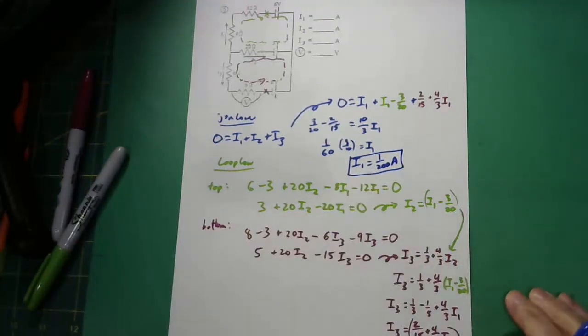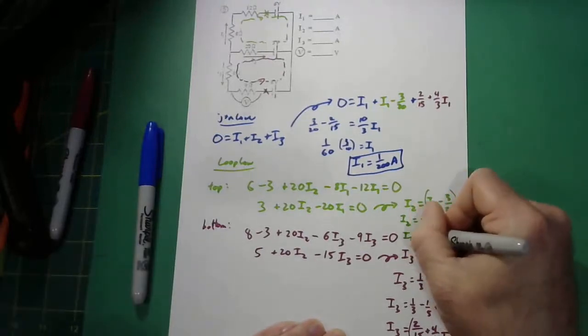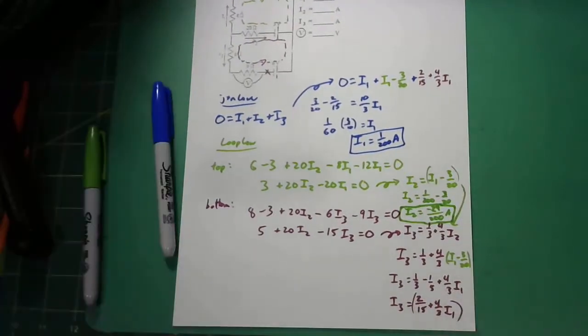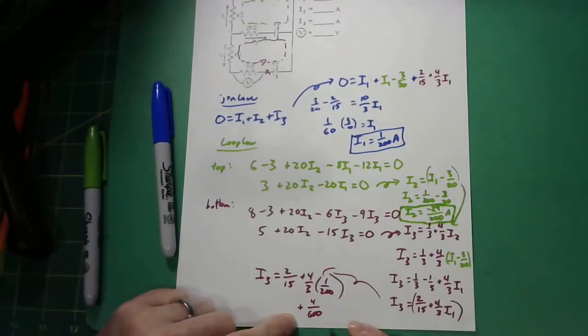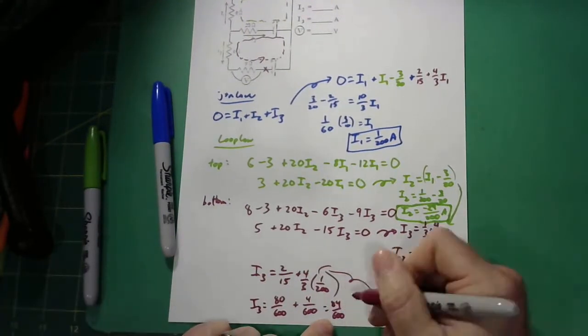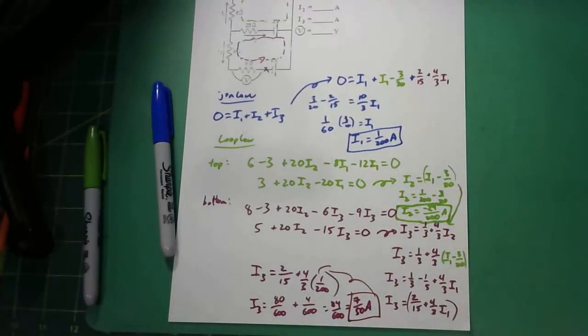I can put that number for I1 in here and get a number for I3. So that's it.